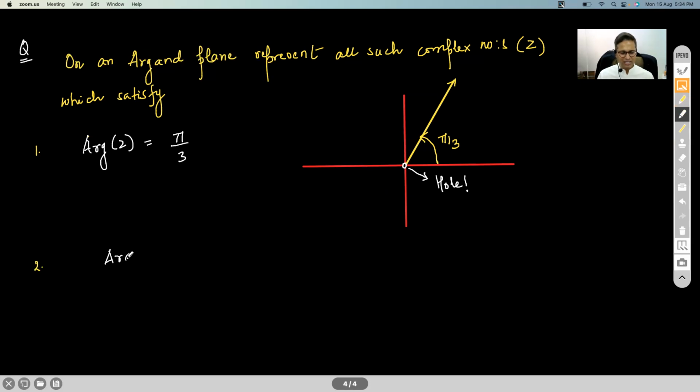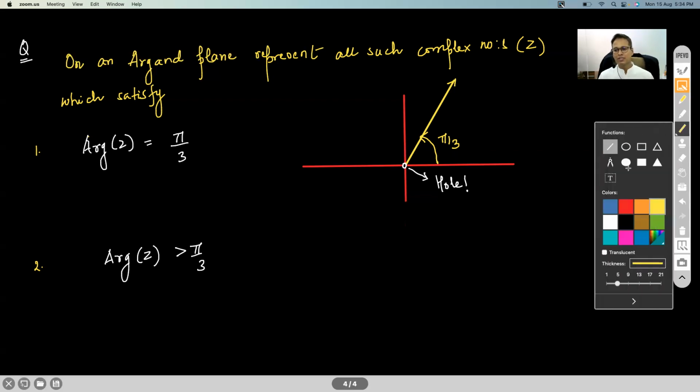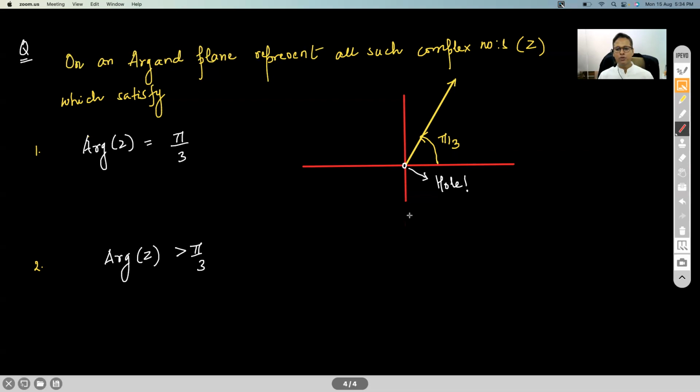Okay, let me ask this question. Argument z greater than pi by 3. Can you show, or can you shade, that region where all such complex numbers whose argument is greater than pi by 3 will be lying? Do it on your respective notebook. Show it on the Argand plane.